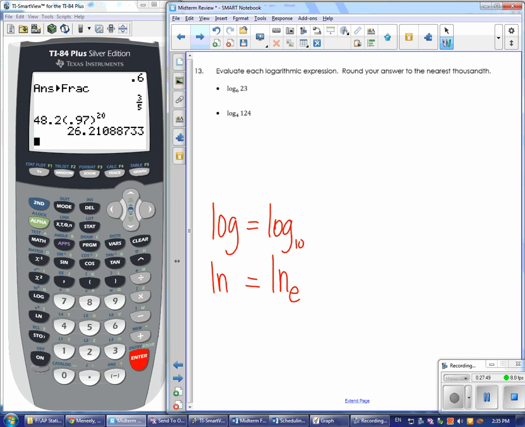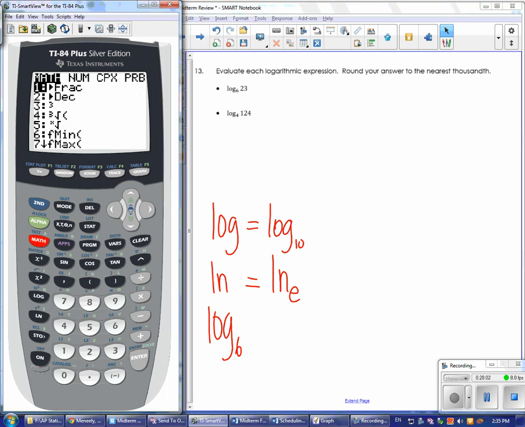So if you have the log base 6, you need another way to enter that into the calculator. The older calculators require you to use the change of base formula, but if you have one of the newer ones, go into the math menu and scroll down pretty far. I think it's option A, which says log and then base.